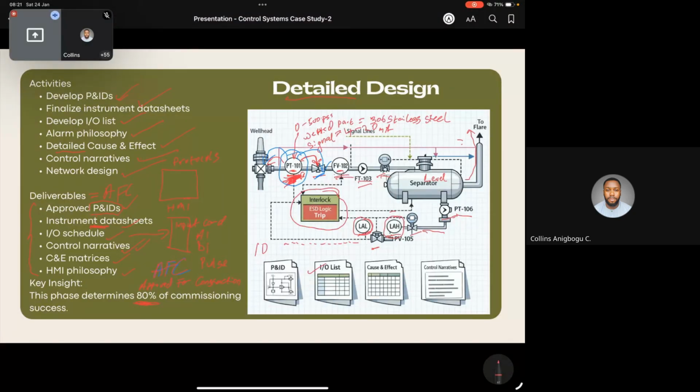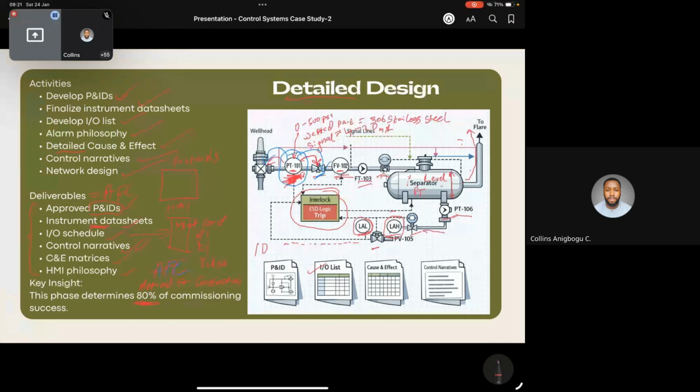So this level now, let's assume the level in this tank fails, what are the effects? The effect is that there will be a spill of fluid from this tank. If we have a PT, a pressure transmitter, and that PT fails, it means that there is a possibility that the pressure in this tank will get elevated to the extent of rupturing, right?